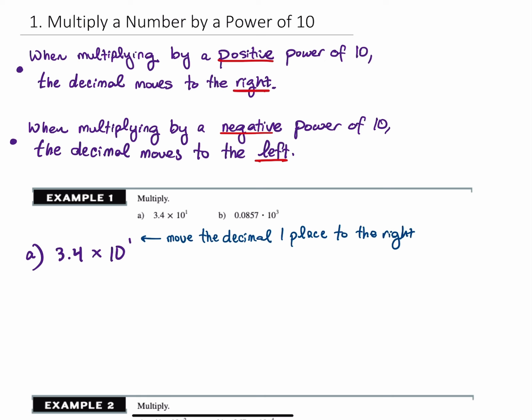I can imagine picking up that decimal point and moving it one place to the right, and that will be our new location. So 3.4 times 10 to the first power gives us 34.0. We can just write 34.